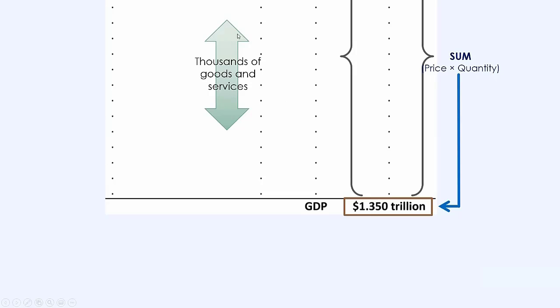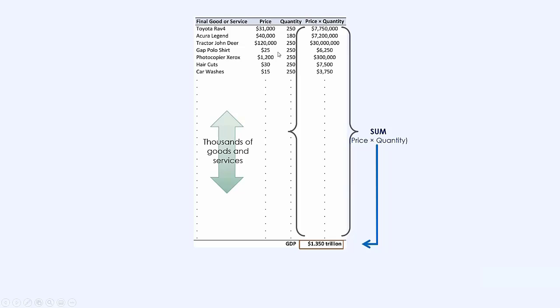So you can think there are going to be thousands of goods and services, and in the end, GDP would be obtained by taking the sum of all of the prices times their quantities. In this example, we could get something like $1.35 trillion. Now, if we're using the current year's prices times the current year's quantities, we call that nominal GDP. We'll talk more about that later in the lecture.